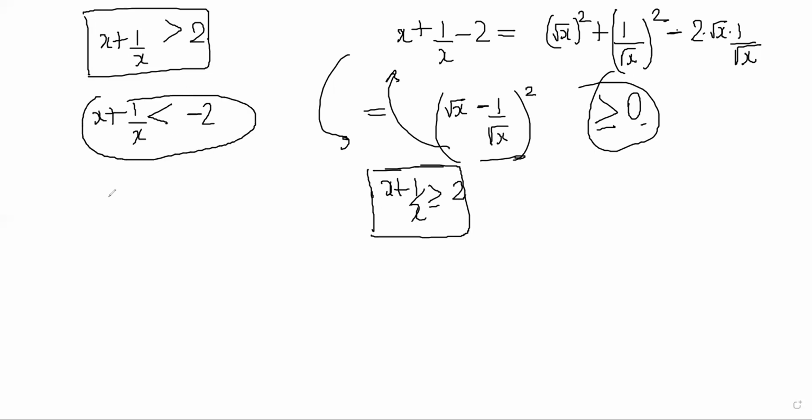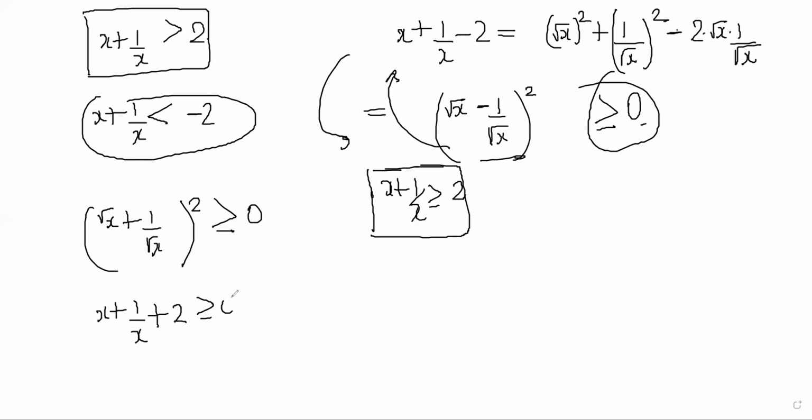Similarly, this also you can prove by proving that (root x plus 1 by root x) whole square should also be greater than or equal to 0. Yes, sir. So that implies that x plus 1 by x plus 2 is greater than or equal to 0. x plus 1 by x is less than or equal to -2. So if x is negative, then this has to be true.